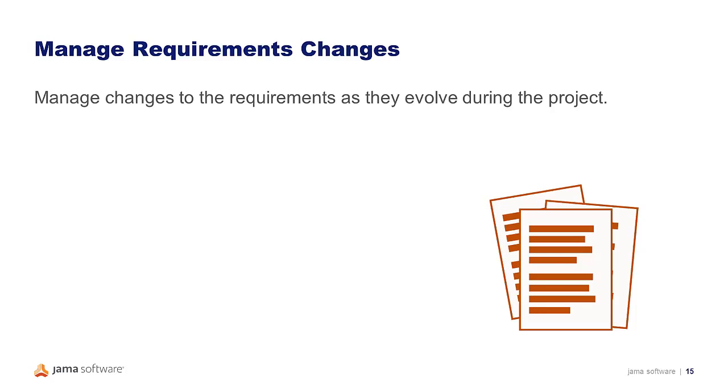So requirements will also change, but it's very important to manage changes so that the rest of the product reflects the impact of those changes, right? Nothing comes for free, and requirements changes usually are either going to cost more, we're going to have to add more resources, or we're going to have to add more schedule. But something will have to be done in order to manage the impact of that change.